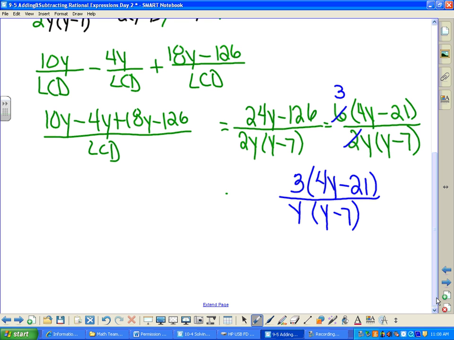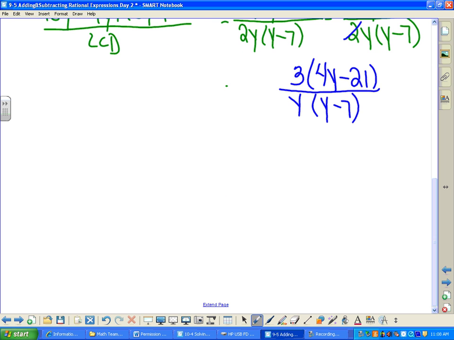Yep. You make sure that on the numerator you distribute that negative sign before the second polynomial. So it should be, they already have a common denominator, don't they? Right? Do you see that they have a common denominator?